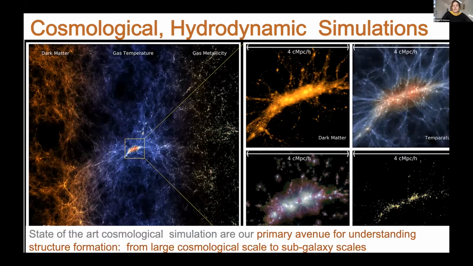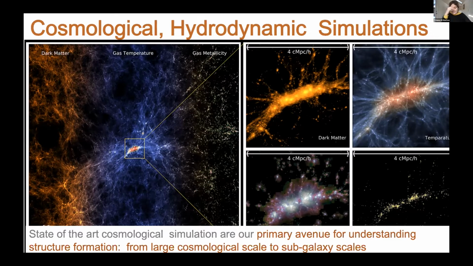They're the state-of-the-art simulations that do constitute these days our primary avenue for understanding structure formation, from the very large scales all the way to subgalactic scales, all the way to giving us some understanding of how black hole growth can be embedded in this.